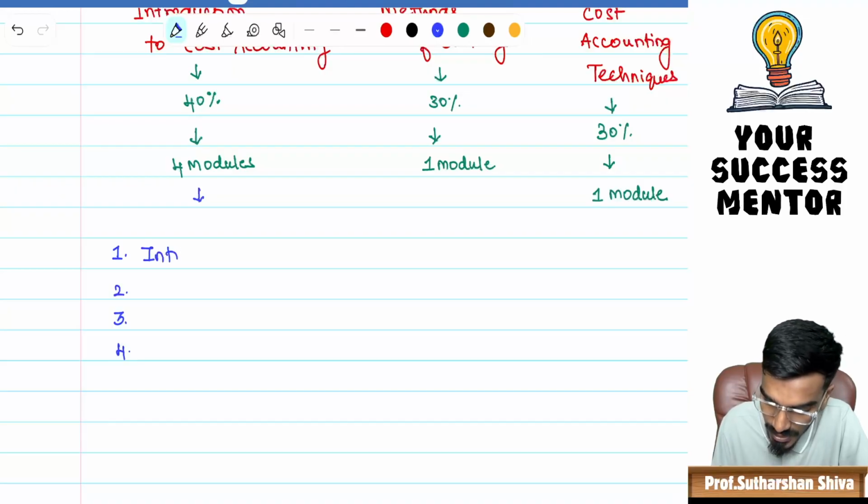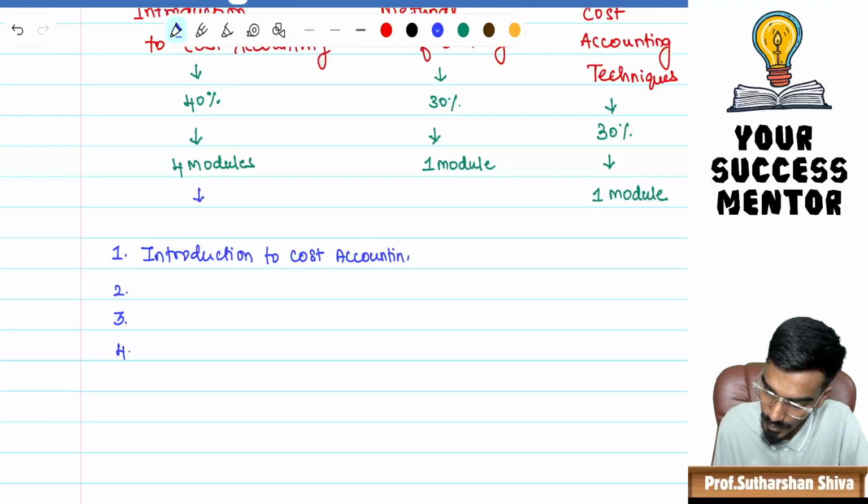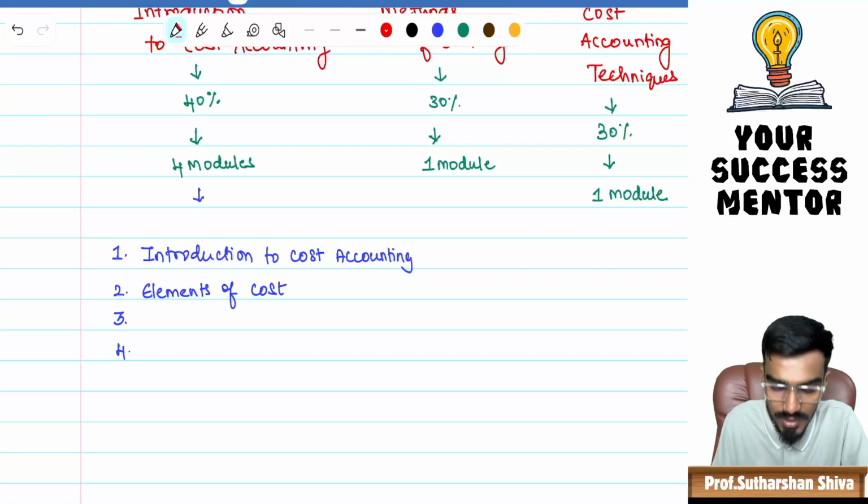Again, the basic introduction to cost accounting we will learn. And then we will be discussing the elements of cost, which is the second module.